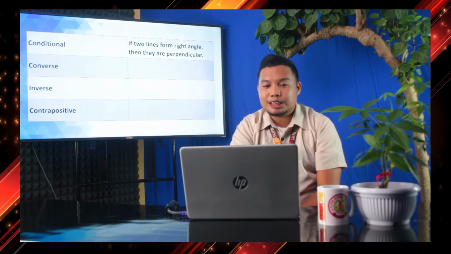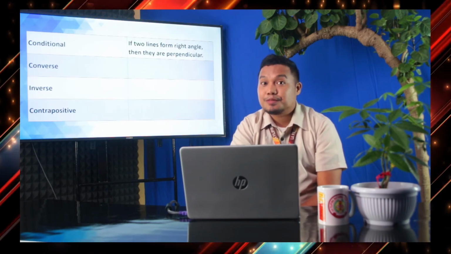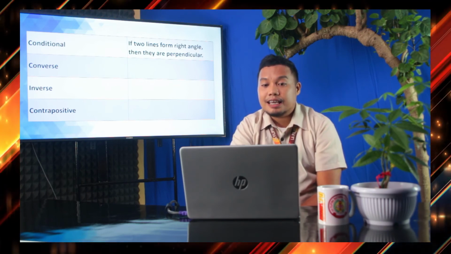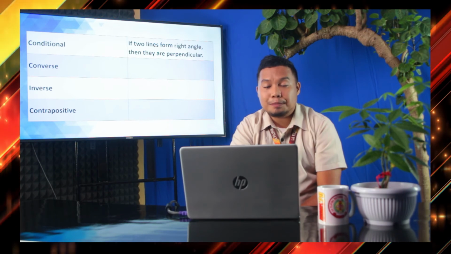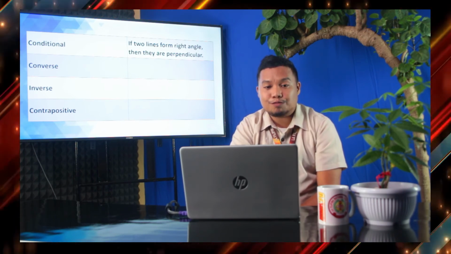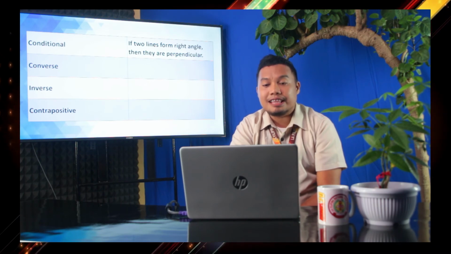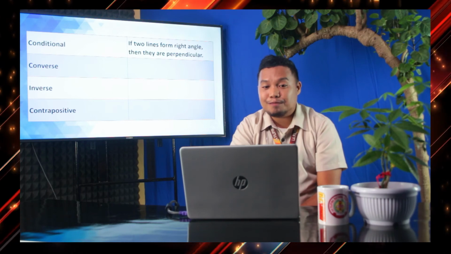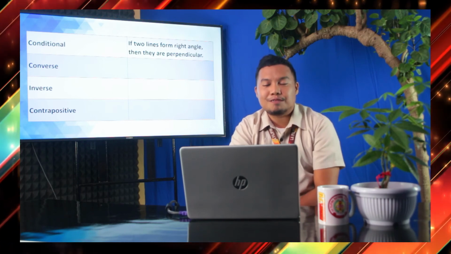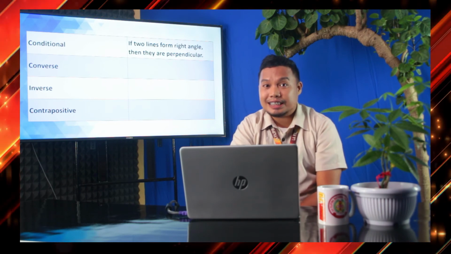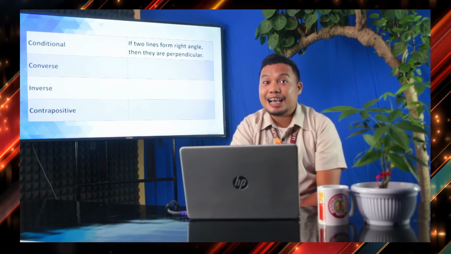The given conditional statement is: if two lines form right angle, then they are perpendicular. Now it's time for you to transform the given conditional statement into its converse, inverse, and contrapositive. And your time starts now.